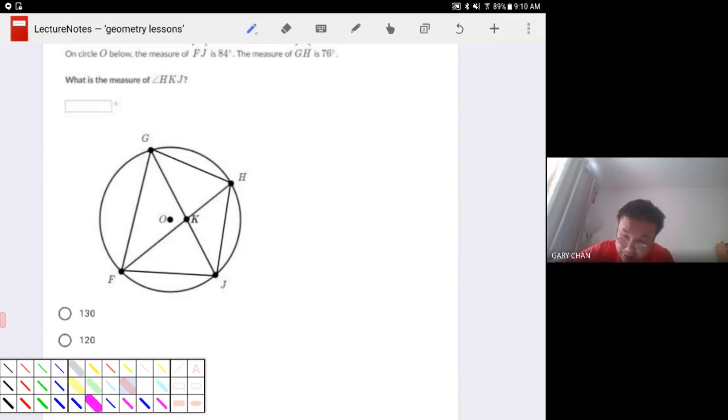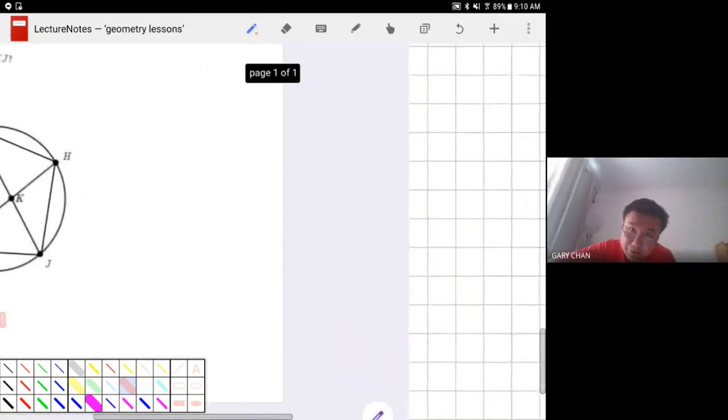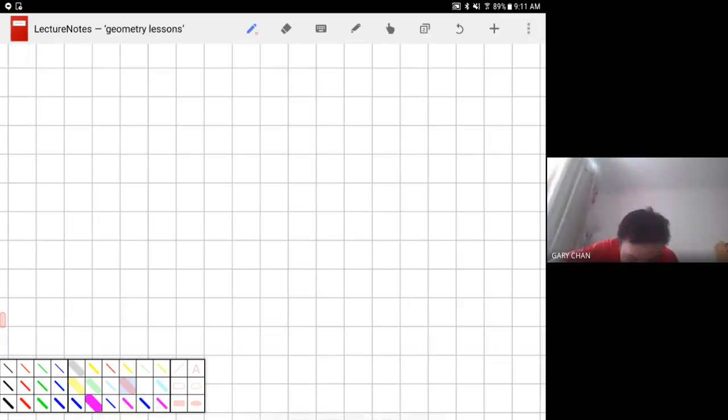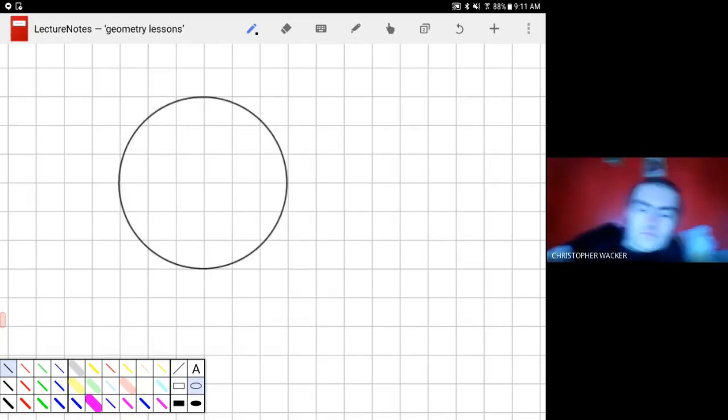So check this out. I'm going to put this on pause for a moment, and I'm going to shift over and give you a little bit of background information so that we can then solve it. If you have paper and pencil, I highly encourage you to draw this along with me.